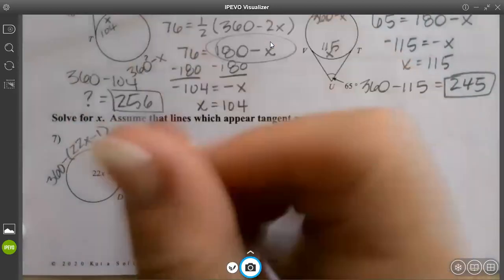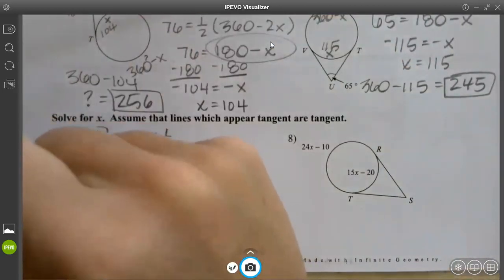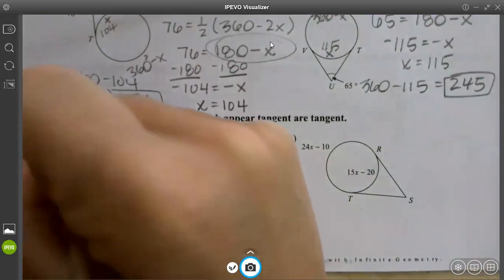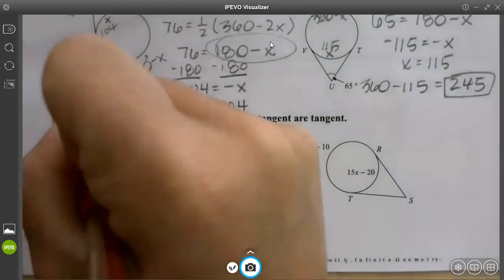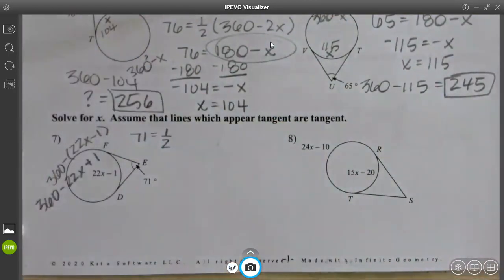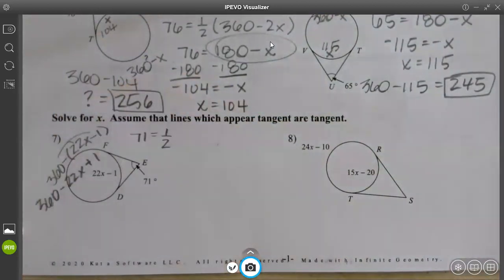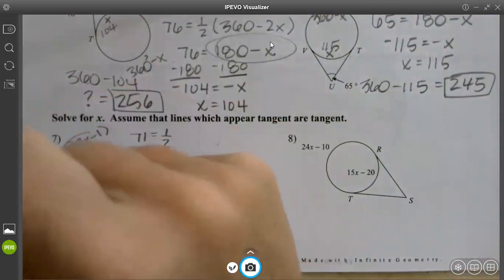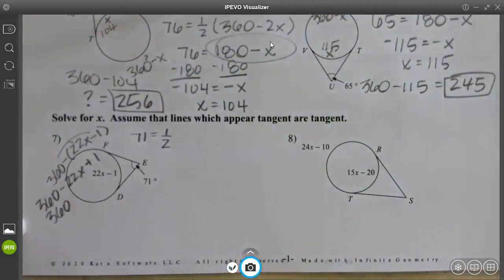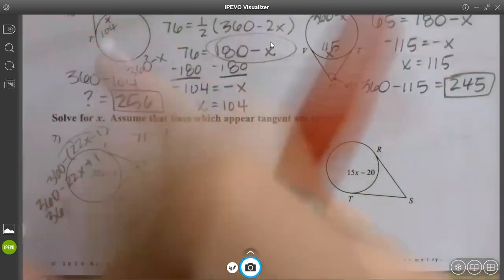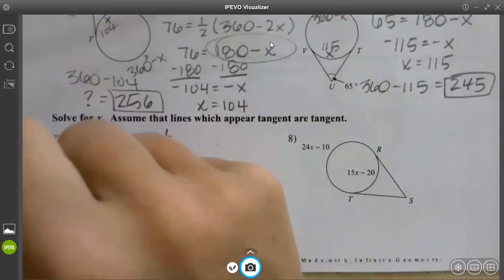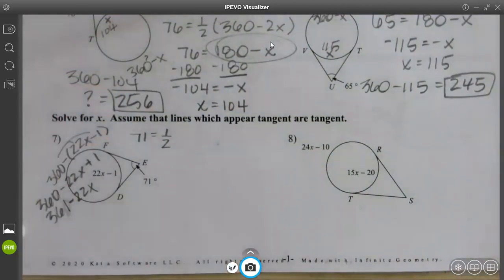So that's going to be 360 minus 22x plus 1. Does everybody see that plus 1? Because you distribute the negative, which is 361 minus 22x.